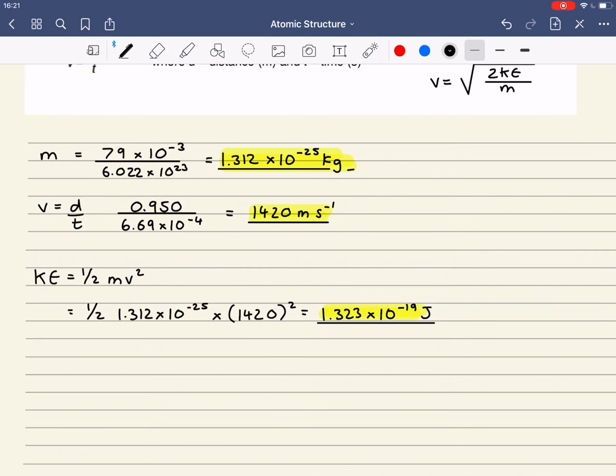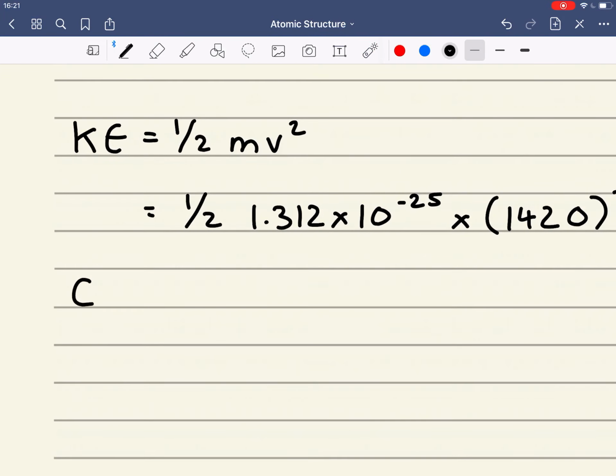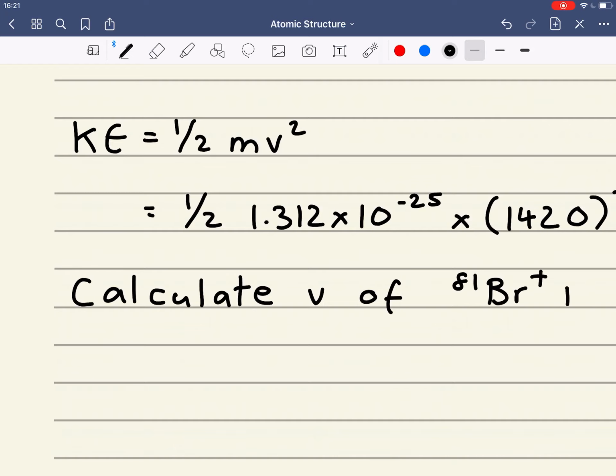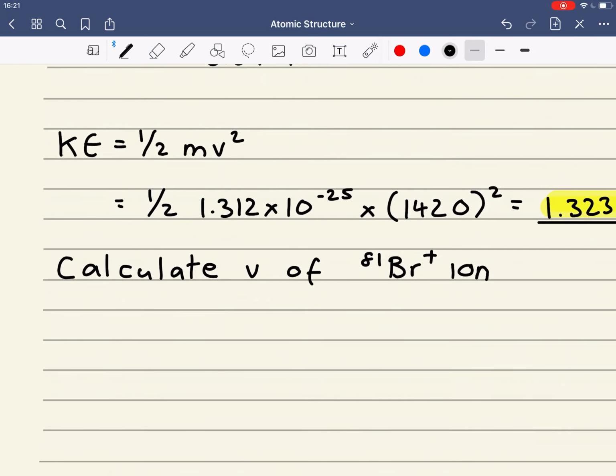So the next step is to calculate the velocity of the Br-81+ ion. And then velocity is equal to the square root of 2KE over m.